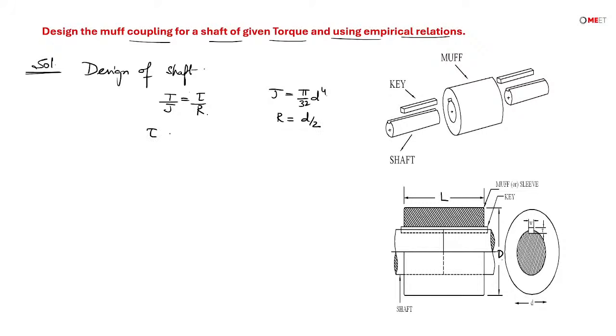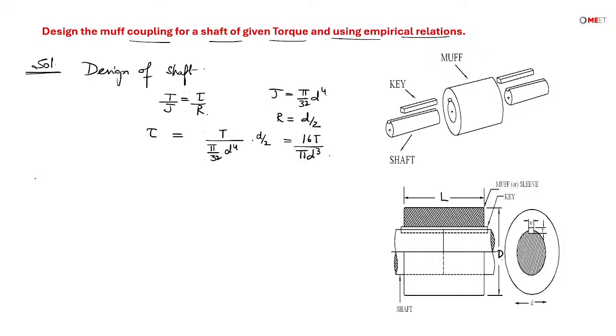So tau here will be equal to T by pi by 32 d power 4 into d by 2, which is 16 T by pi d cube.